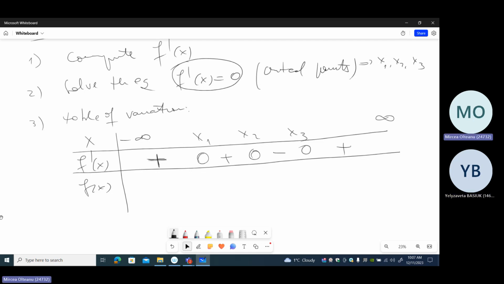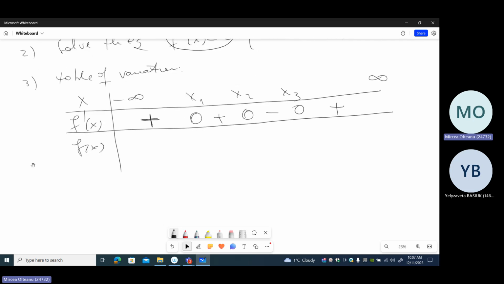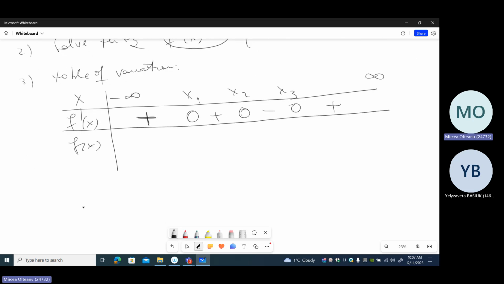That conclusion is the following. I shall write it again. F increasing doesn't it mean the derivative is greater than 0? Greater than 0, yes. This is the most important thing in calculus.